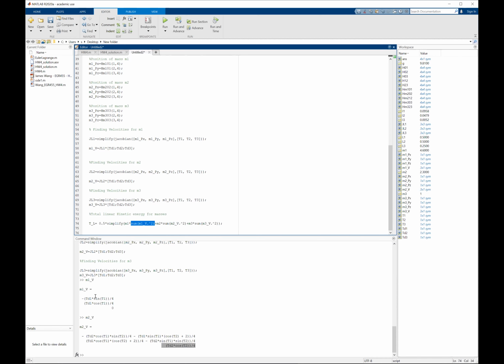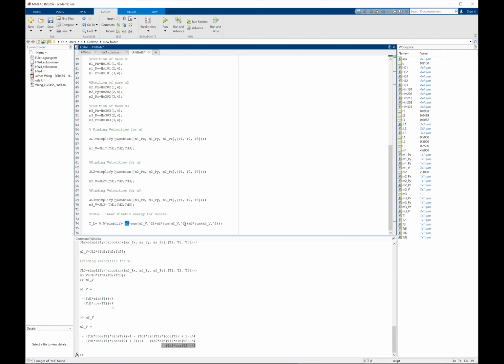Then what I do is I multiply those sums of squares of velocities by mass m1, the sum of squares of velocities by mass m2, the sum of squares of velocities for mass m3, multiplying those by the individual masses. So what this equation means is m1 v1x square plus m1 v1y square plus m1 multiplied by v1z square.